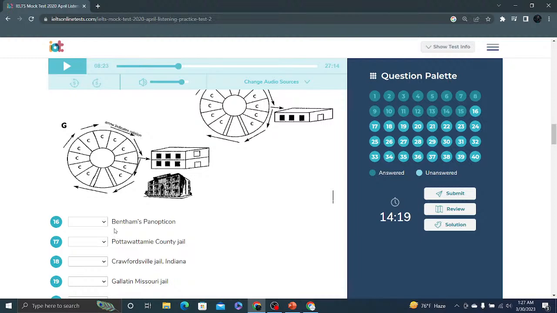Now let's listen for question number 16, the first. Here we can see it's all about Bentham's panopticon. Okay, let me highlight it. Panopticon.